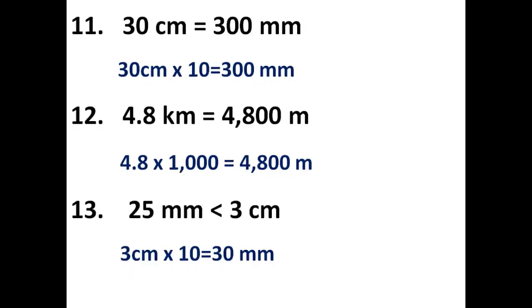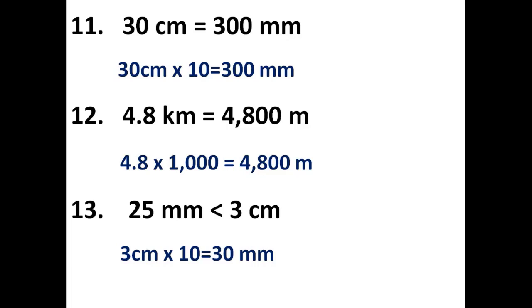In number 11, you have to complete the conversion and you have to decide either it is small, big or equal. 30 centimeter is one side and other side is 300 millimeter.